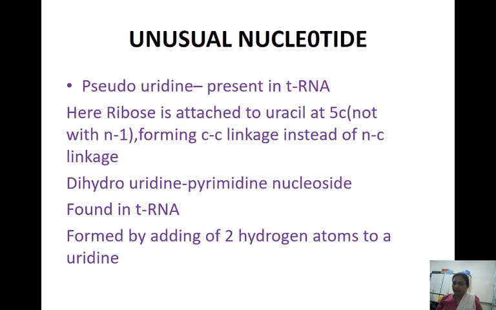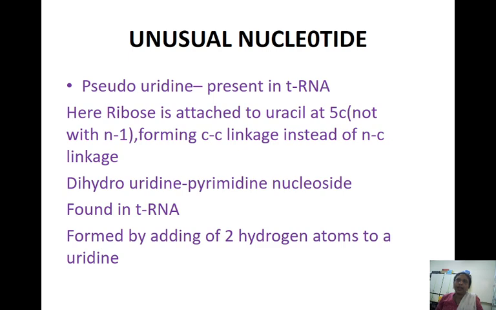Now coming to the unusual nucleotides. In the structure of RNAs, there are some unusual bases you can find, that is pseudouridine. Pseudouridine is present in tRNA, in the cloverleaf structure of tRNA. How it is formed: ribose is attached to uracil at the 5th carbon.